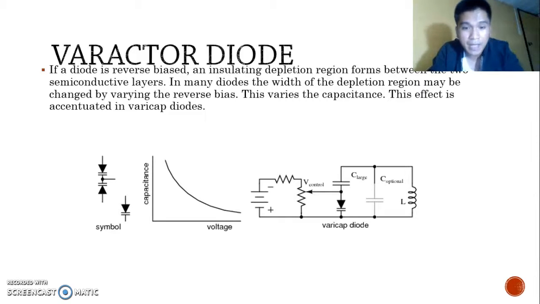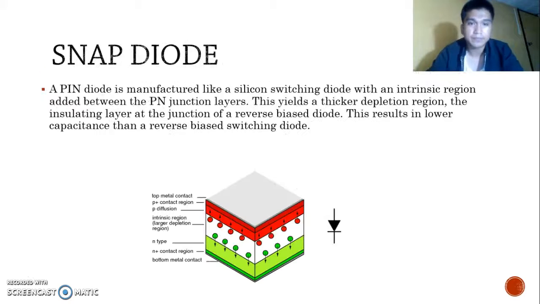So, if a varicap diode is a part of a resonant circuit, as in the figure here, the frequency may be varied with a control voltage, or V sub control. A large capacitance, low X sub C, in series with the varicap prevents V control from being shorted out by inductor L. As long as the series capacitor is large, it has minimal effect on the frequency of the resonant circuit.